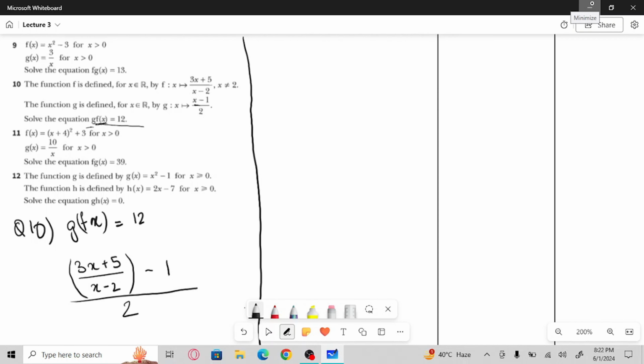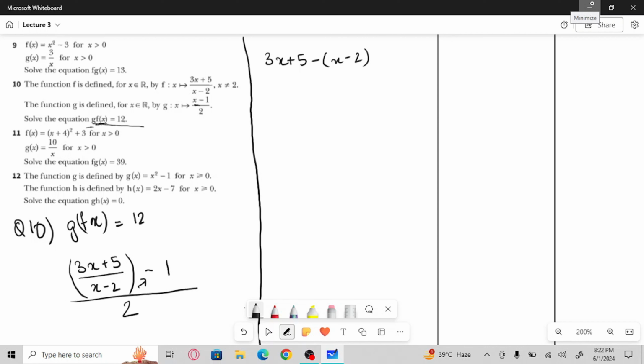And that will mean that 3x plus 5 minus (x minus 2). And the reason we are multiplying x minus 2 with minus 1 is because we are taking the LCM, and for LCMs we have to make a common denominator.